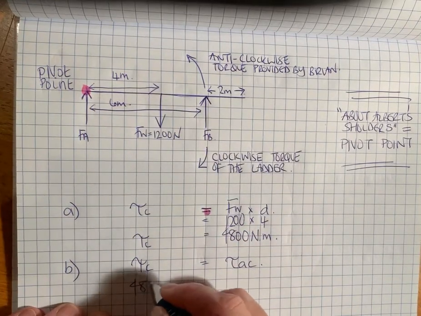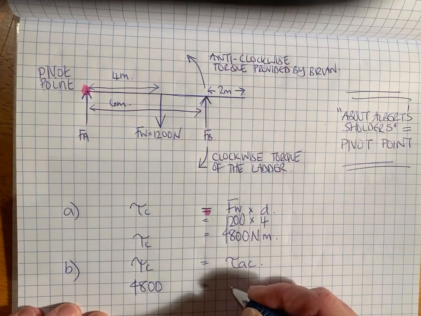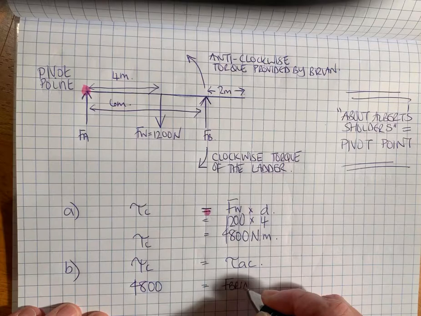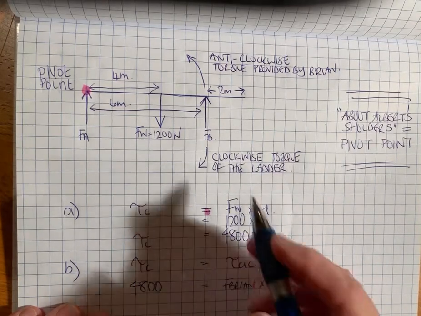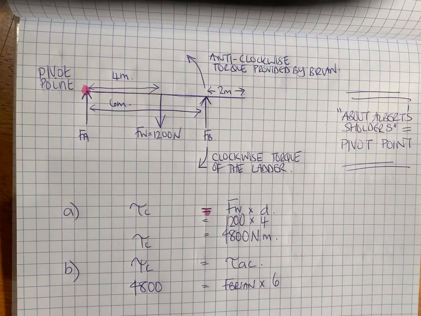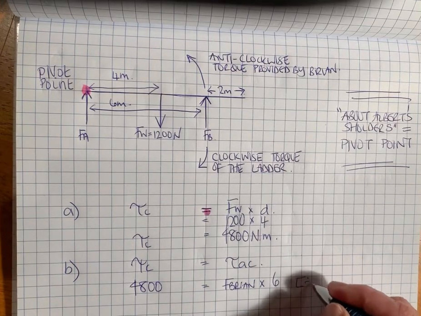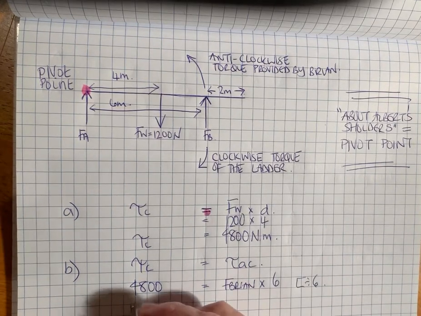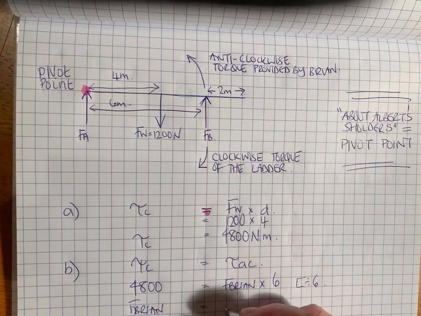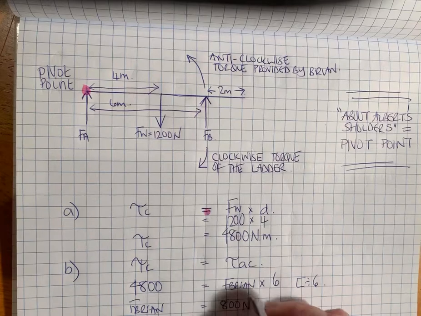So we've got 4,800 equals the force that Brian is exerting times the distance that Brian is away from the pivot point, which is 6. And if we divide both sides by 6, the force that Brian exerts is 800 newtons.